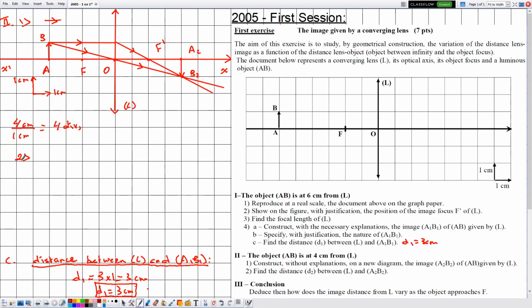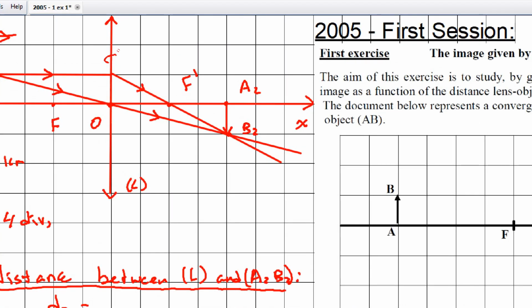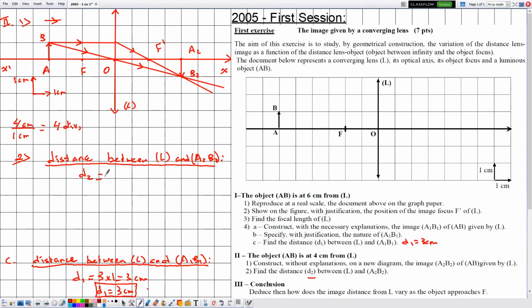Now in number 2 they are telling me find the distance D2 between L and A2B2. So in other words, we need to calculate the distance between the lens and the new image A2B2. Now this distance is denoted by D2, and it consists of 1, 2, 3, 4 divisions.